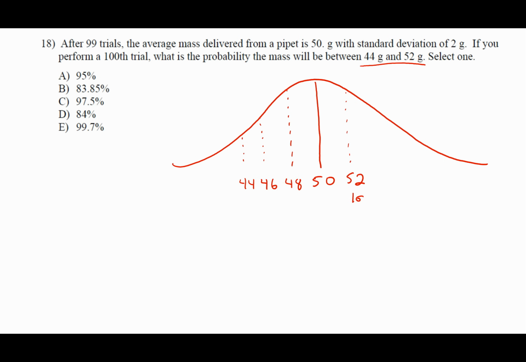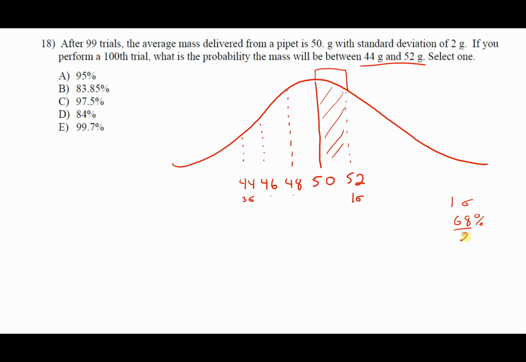Okay, so there's two ways to solve this. This one's probably the easiest. So let's just deal with the right-hand side first, right? Well, this is 1 standard deviation away. If you're inside 1 standard deviation, you have a 68% chance of being in that area. But I only have half of that area.